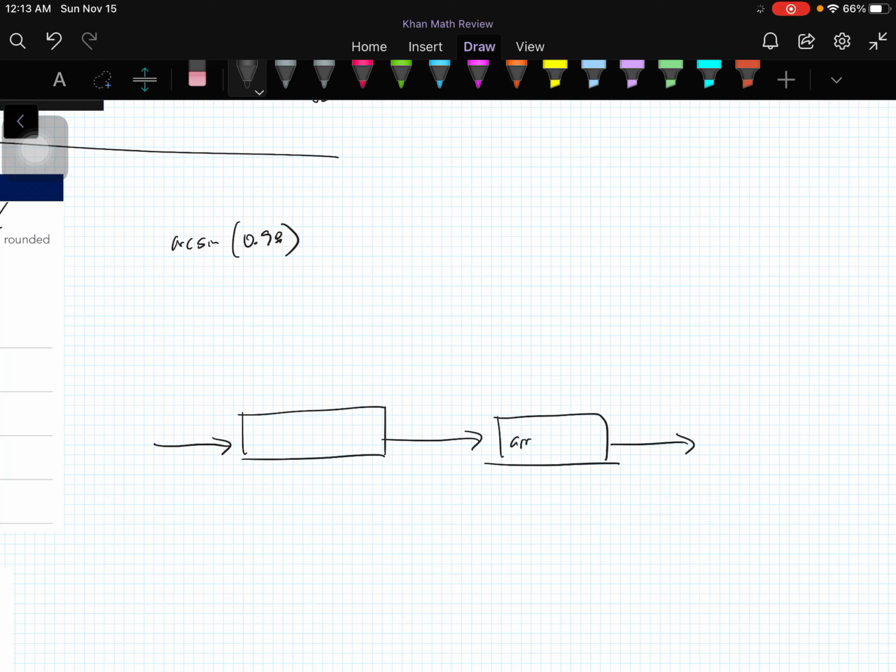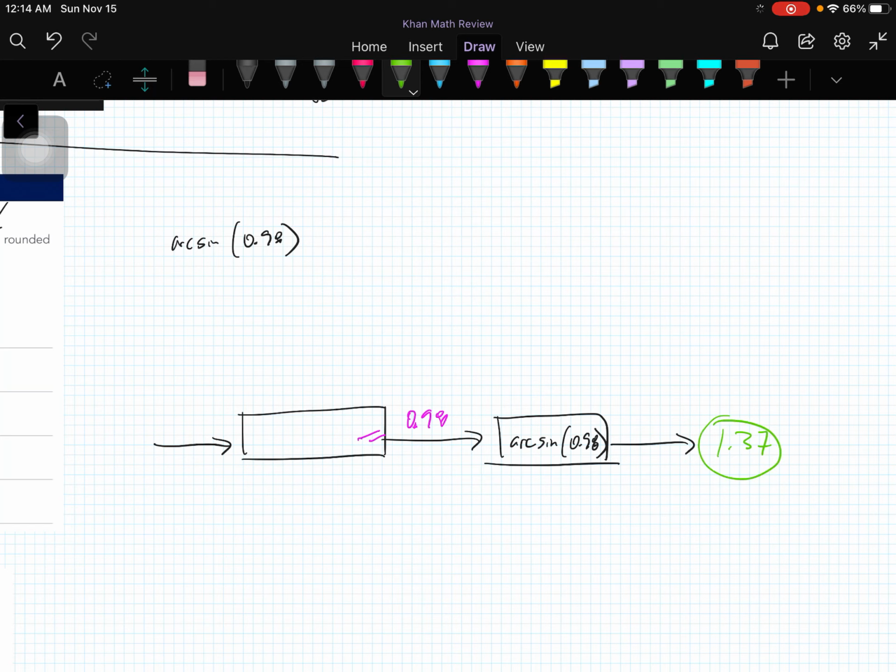We know arcsine 0.98 goes here, which means that we must have gotten 0.98 from the initial function, the original function. So let's do in the calculator second arcsine 0.98, and that's going to equal 1.37.